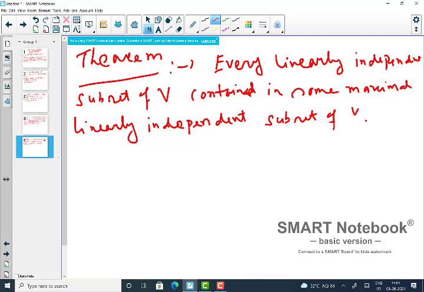What does that mean? You can start with a linear subset, and then you can extend it to a maximum linear subset, and that is the basis.